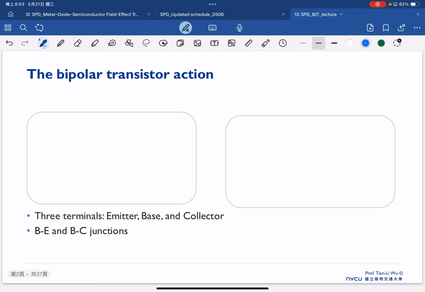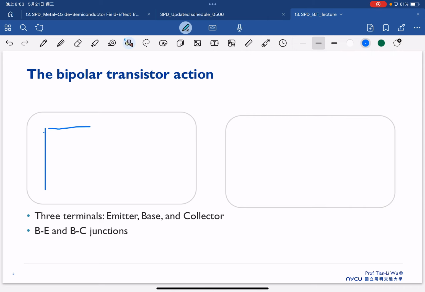So the structure for BJT is not that complicated. Actually, if you look at the structure here, it looks a little simpler compared to the MOSFET. In the BJT, the structure can be drawn as shown here.